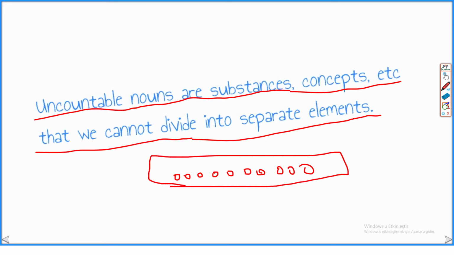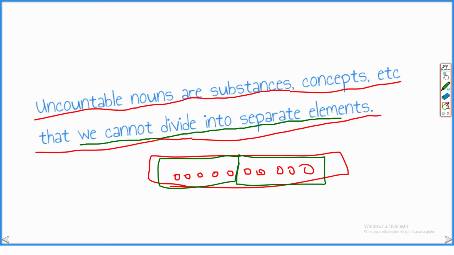For example, 5 of them is mine and 5 of them is yours, but we can't divide uncountable nouns into separate elements. That means we can separate countable nouns, but we can't separate uncountable nouns.